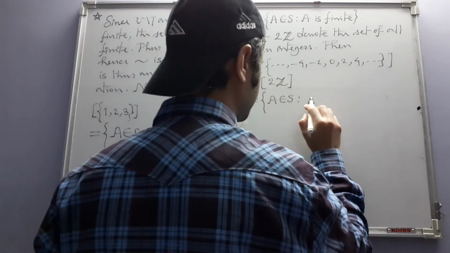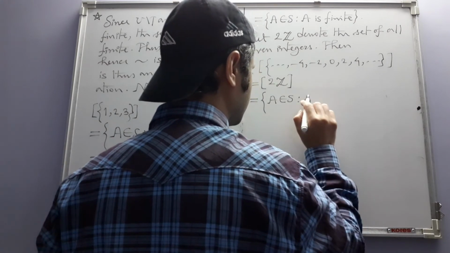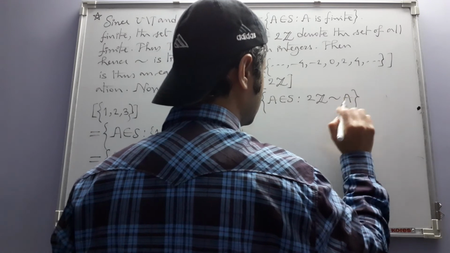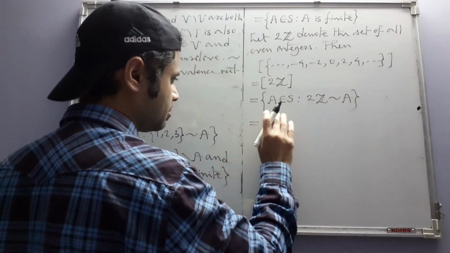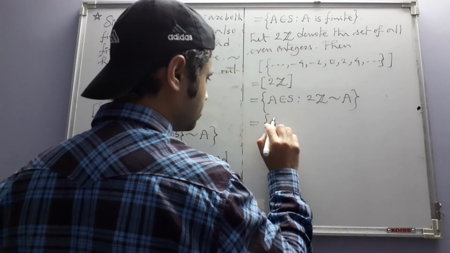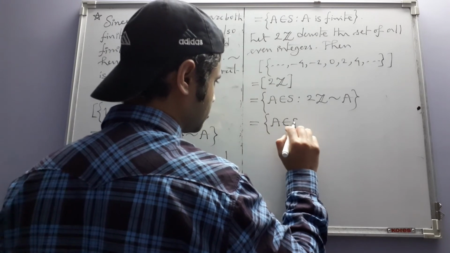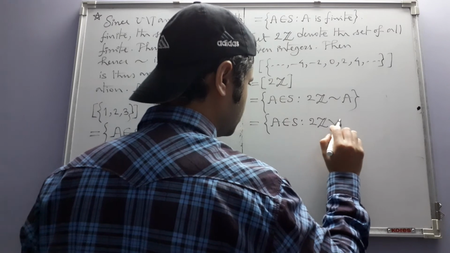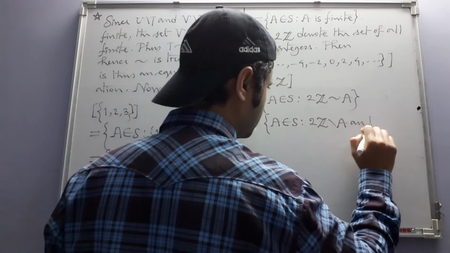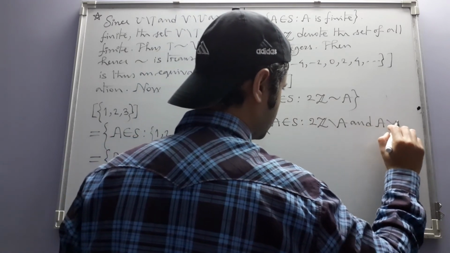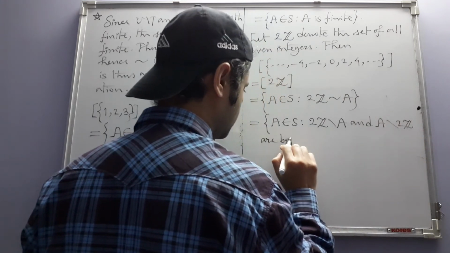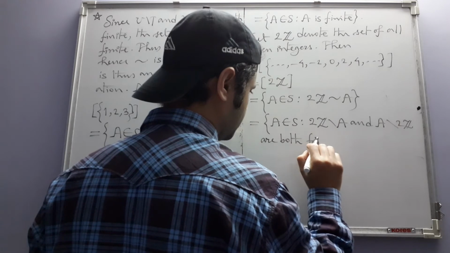This time A has to be related to the set of even integers. So that means such that both are finite.